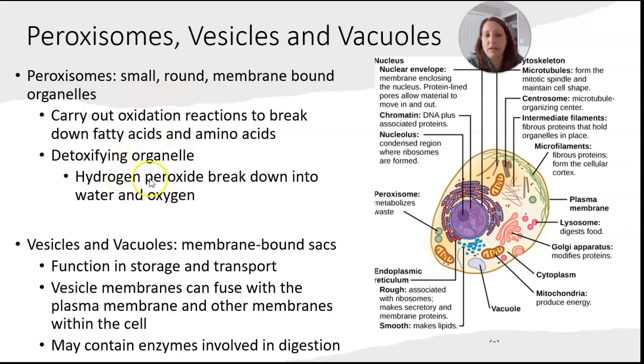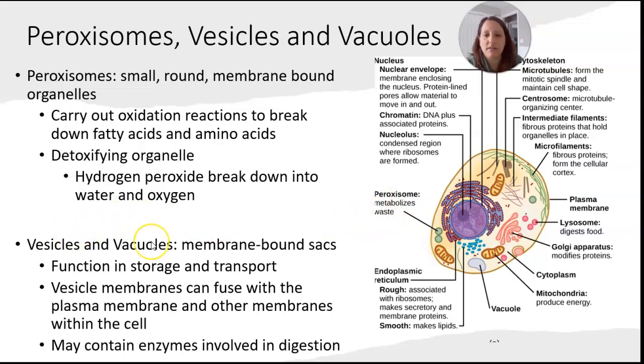Hydrogen peroxide, if it were to spill out into your cells, could be pretty toxic. So inside of the peroxisome, that enzyme catalase will break down the hydrogen peroxide into water and oxygen, which are obviously harmless. So it is a detoxifying organelle. Okay, it's going to metabolize waste products and detoxify them.